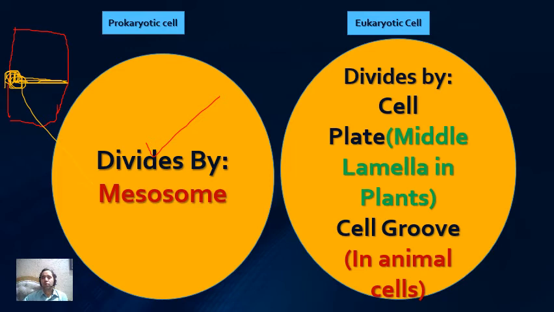In eukaryotic cell, the cell divides either by middle lamella. Lamella means plate. This is, for example, in case of plant cell, this is a cell. A cell plate is produced in the center. This plate is called the middle lamella. In case of animal cell, it divides by cell furrow. For example, this is an animal cell. Its division occurs by cell furrow in this way.